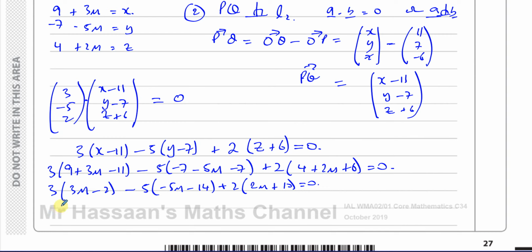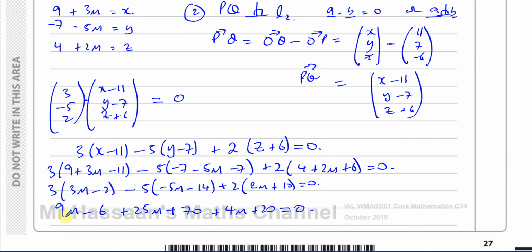So this is going to give you 9μ minus 6 plus 25μ plus 80. 14 times 5 is 80? Is it 70 actually? 14 times 5, that's 50 plus 20, so that's 70, sorry. That's plus 70, and you're going to have plus 4μ plus 20 equals 0.